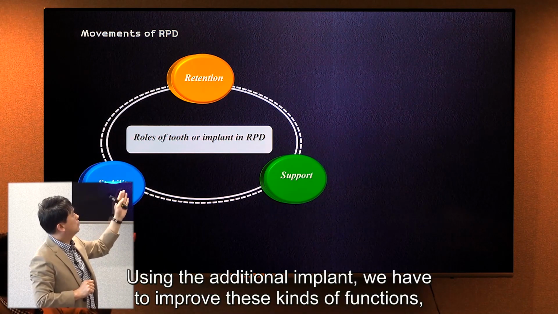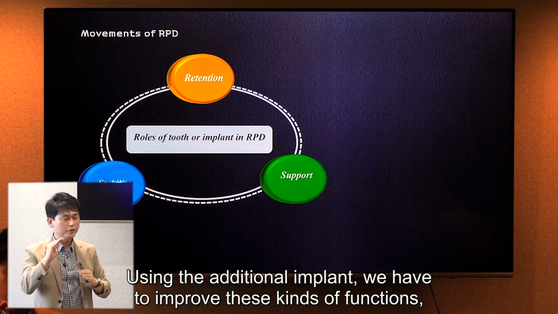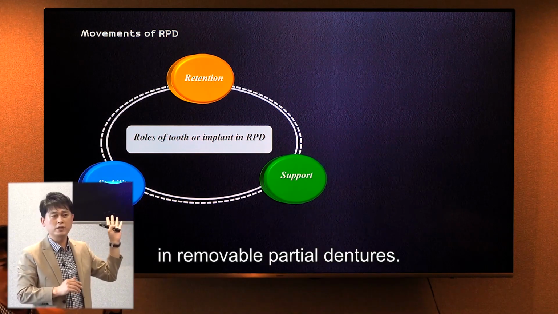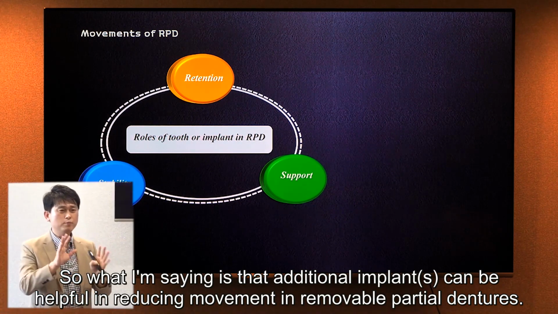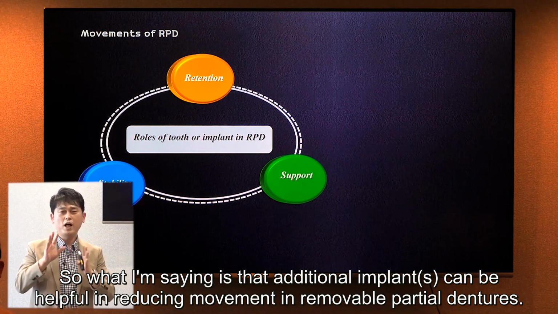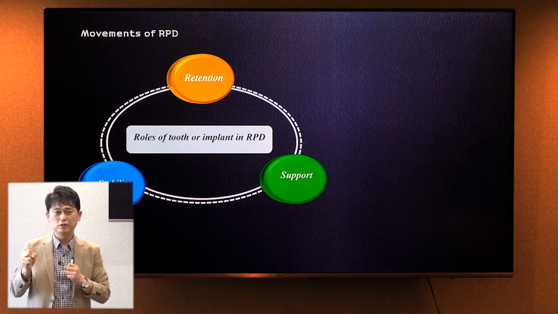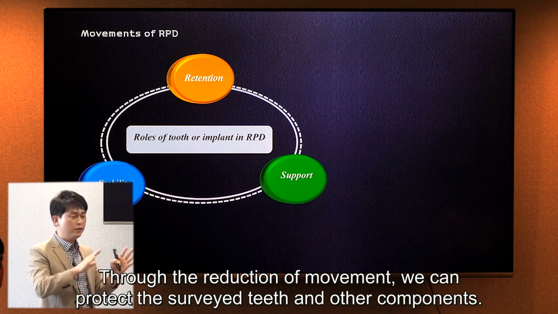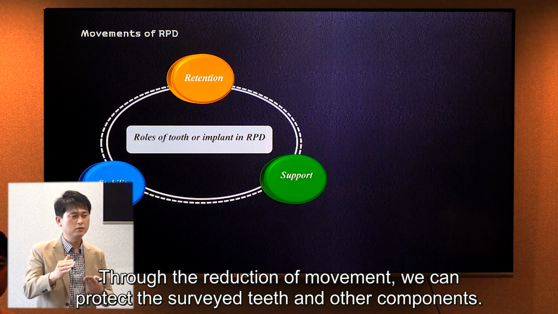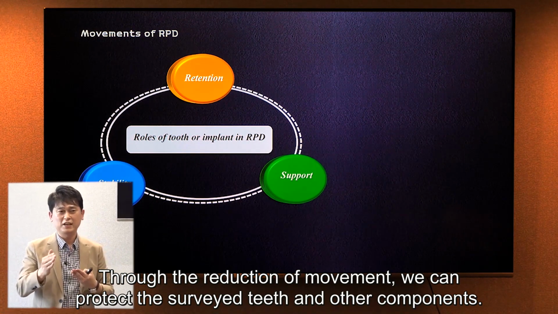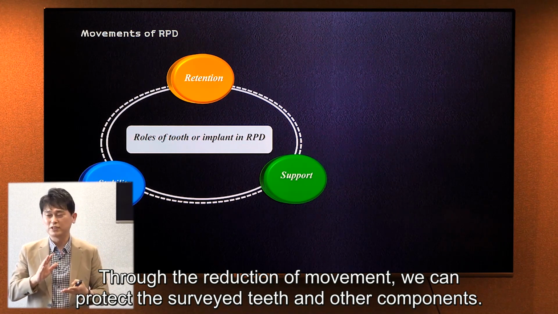Anyway, using additional implants, we have to improve those functions in the removable partial denture. What I mean is that an additional implant can help reduce the movement of the removable partial denture. Through that reduction of movement, we can protect the surveyed teeth, abutments, and other components.